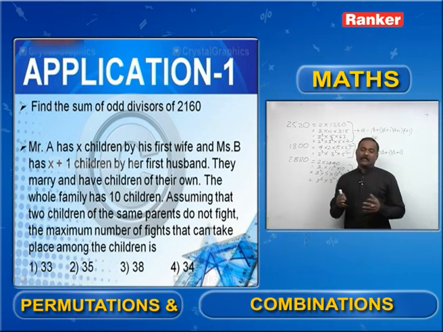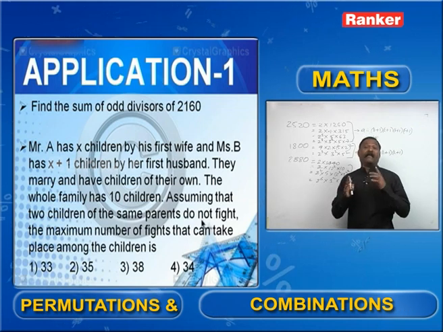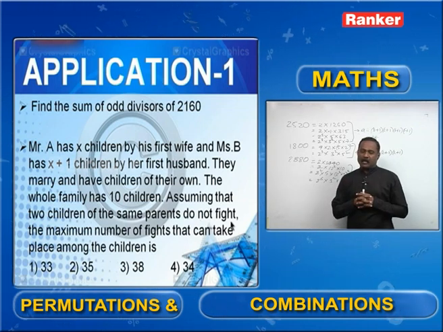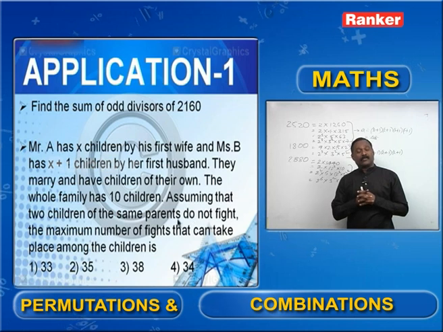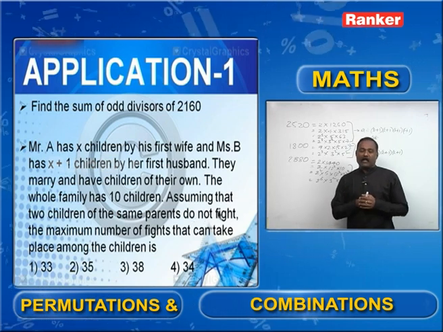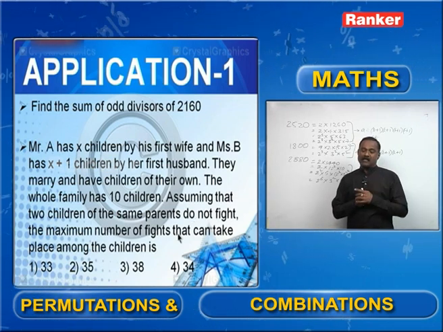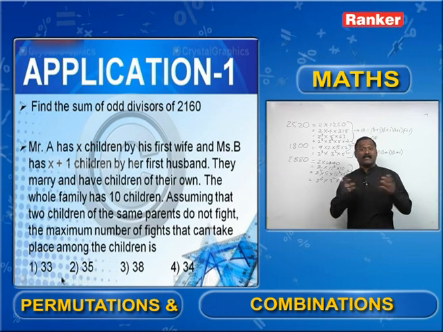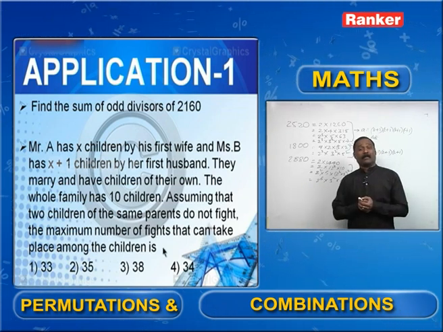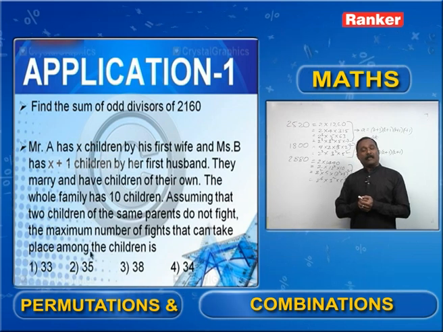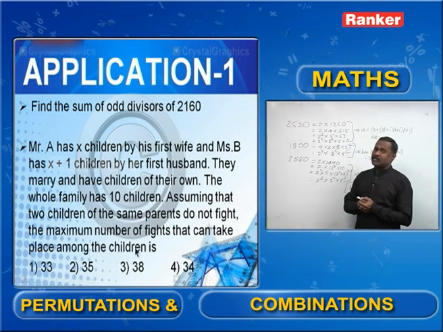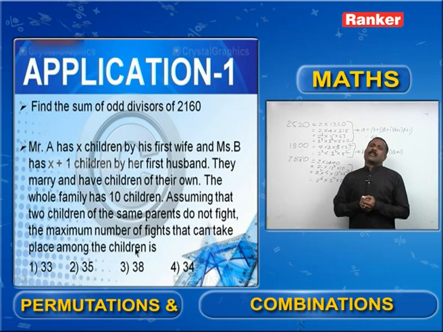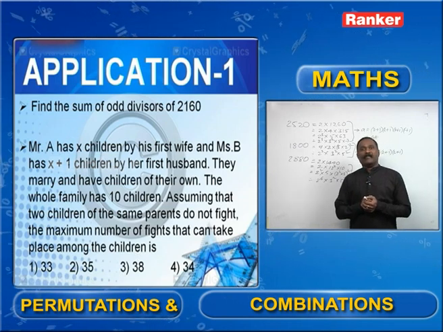Now, assuming that 2 children of the same parents do not fight, find the maximum number of fights that can take place among the children. What do you understand by that question? The children of the same parents do not fight with each other.